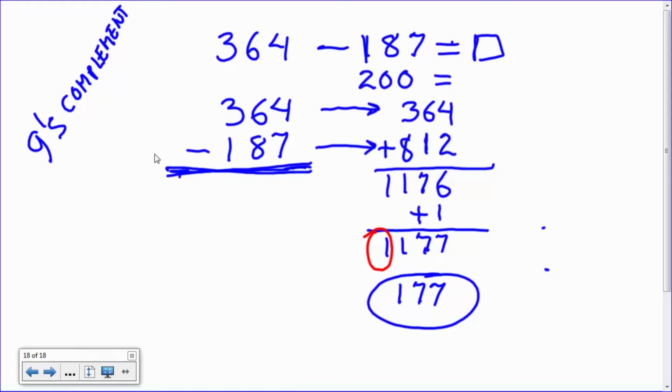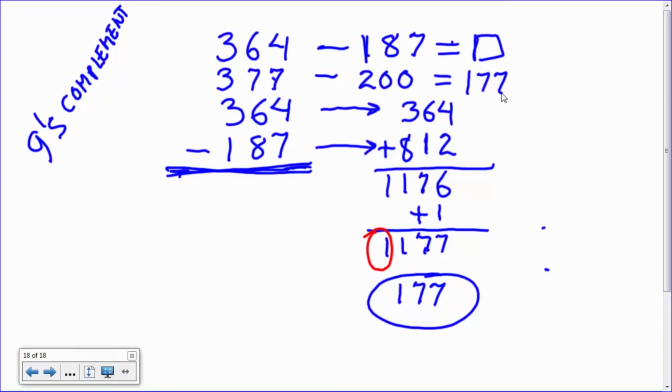And if I were to add 13 to the 364, 13, so that'll be a 7 here, that'll be a 7 here, that'll be a 3 here. So 377 minus 200, and sure enough, that is 177. So the 177 is the correct difference. It is the correct answer.